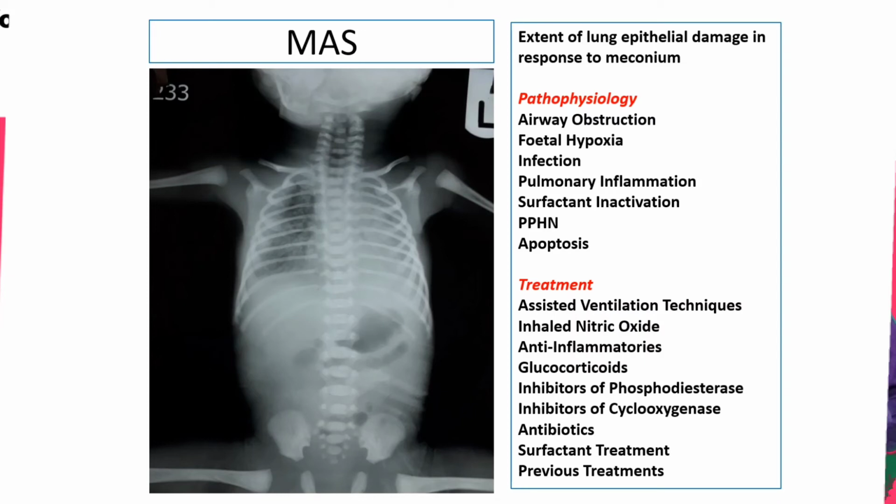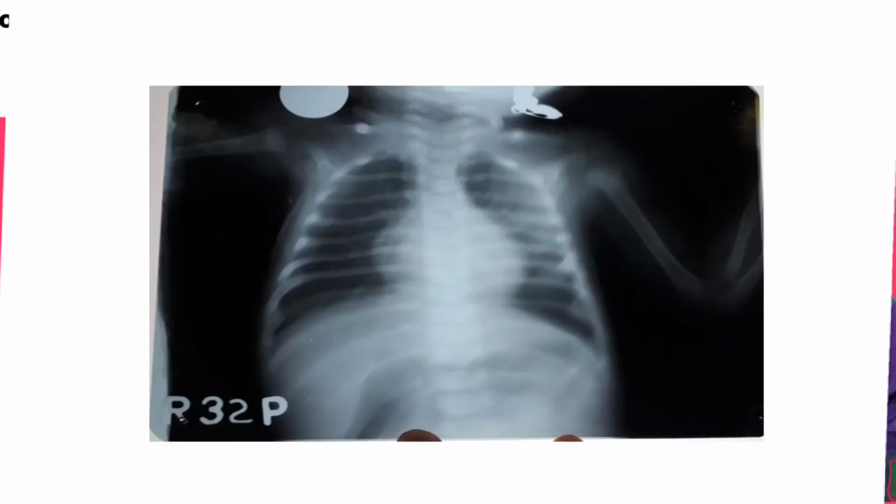The pathophysiology is airway obstruction, fetal hypoxia, infection, pulmonary inflammation, surfactant inactivation, PPHN, and apoptosis. Treatment is assisted ventilation along with inhaled nitric oxide, anti-inflammatories, glucocorticoids, inhibitors of phosphodiesterase, inhibitors of cyclooxygenase, antibiotics, and surfactant treatment, and if treatment was previously given, we should continue that.